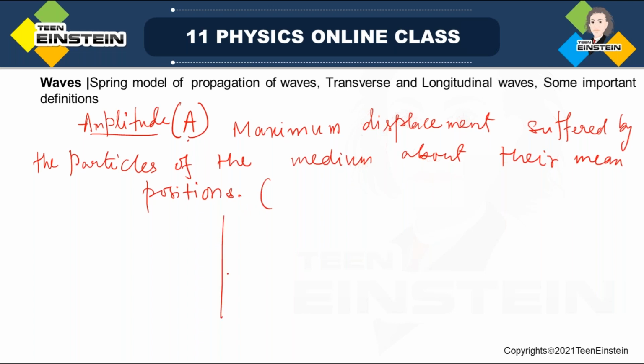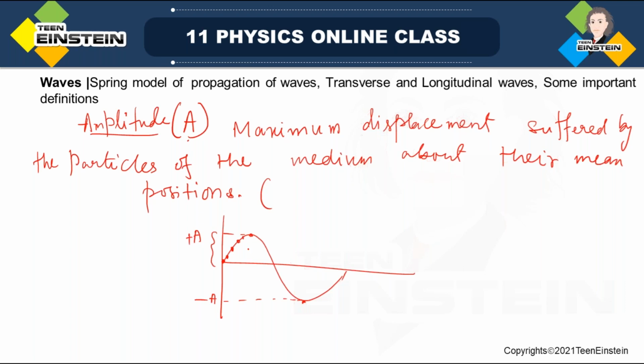If I have a sinusoidal wave, suppose I take a sine curve, it is like this. Displacement at each instant can be different. It can be as low as 0, it can be maximum also. In the case of sine, the maximum will be plus a, and this is minus a, the maximum displacement in the opposite direction.